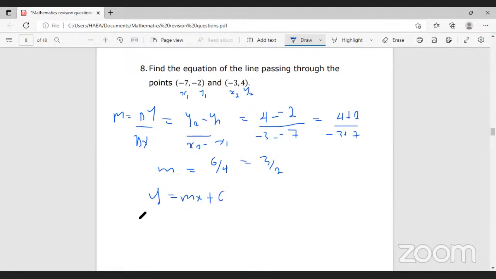Let's take the first bracket, -7, -2. So -2 is equal to gradient, which is 3/2, times x, which is -7, then plus c.